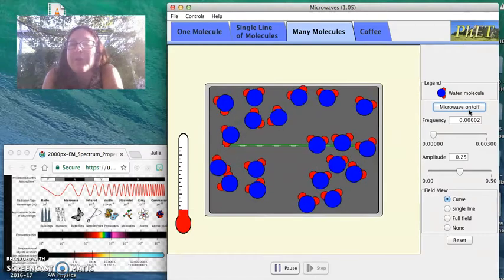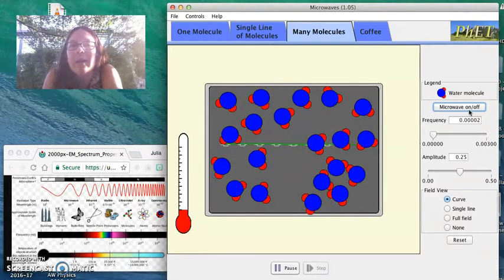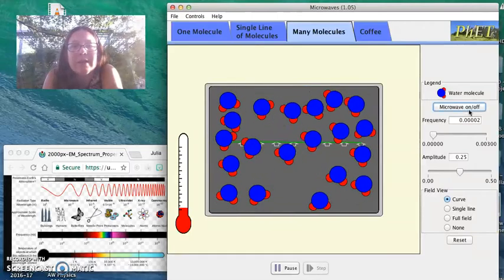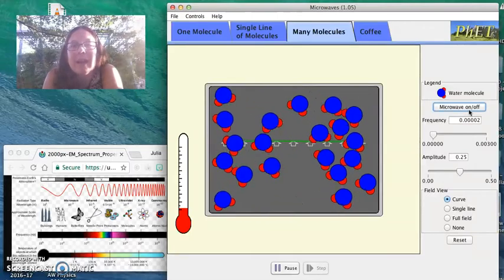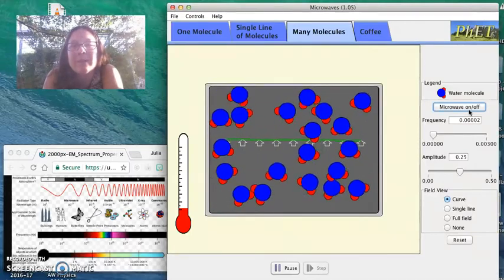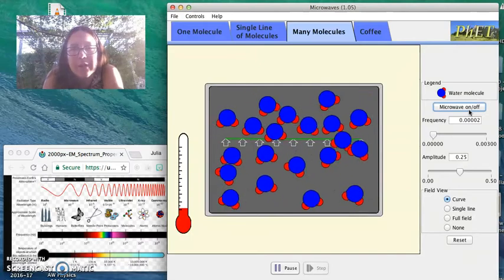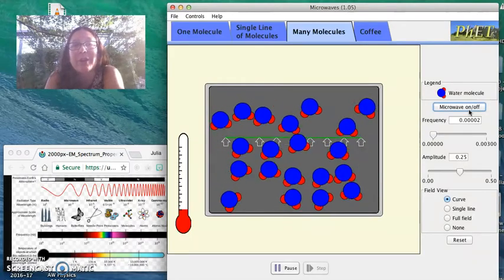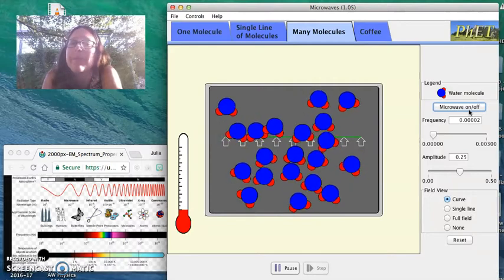And so this frequency of wave is just not well matched with the size of the water molecules. And so for whatever reason, the size of the wave and the size of the molecule matter. They have to be similar to each other for energy to be transferred from the field into the matter.